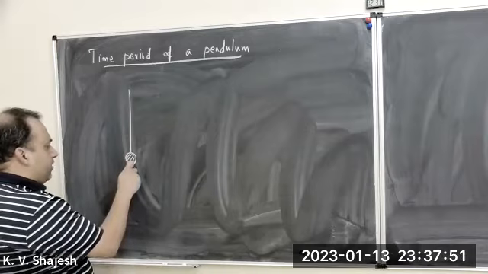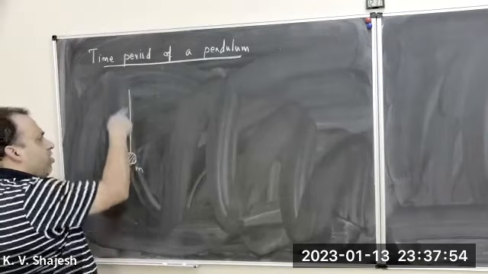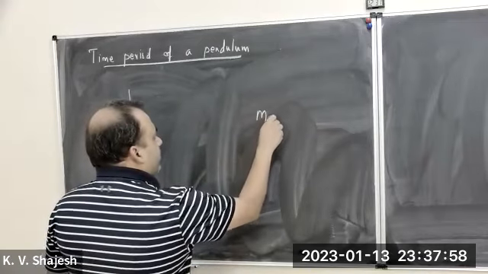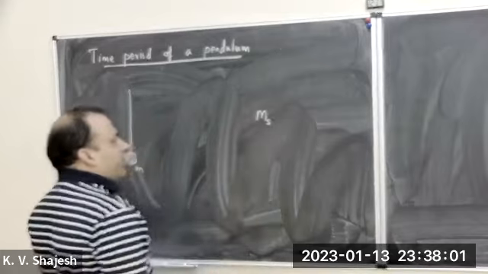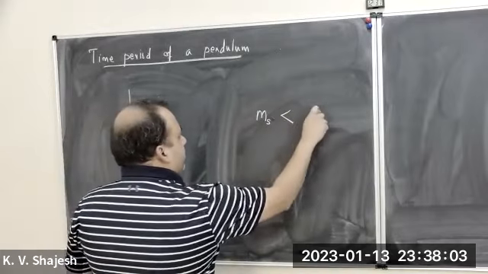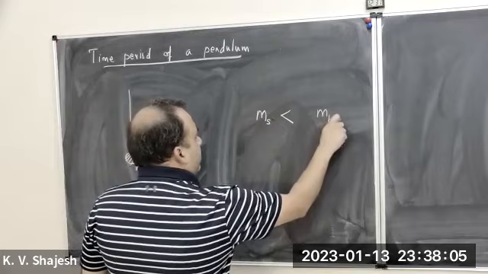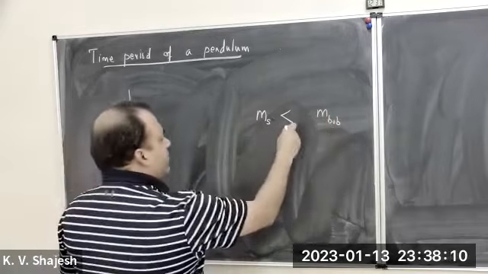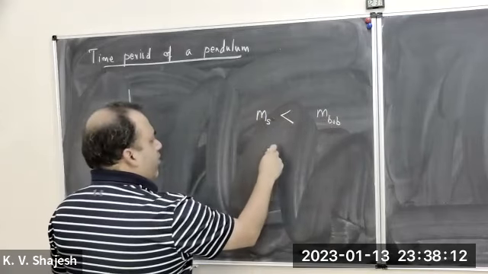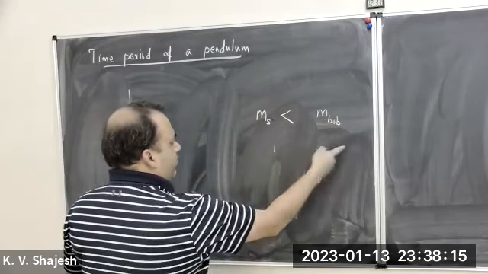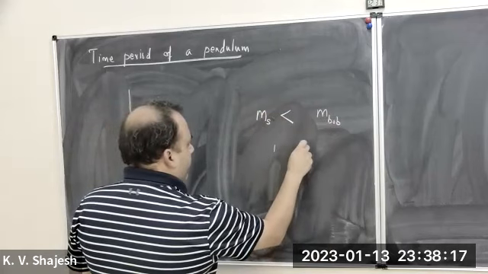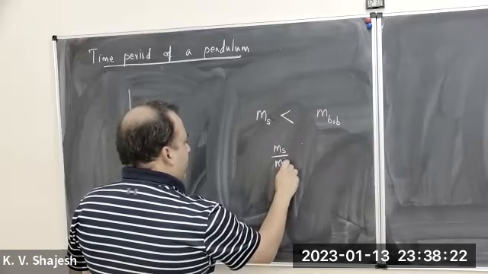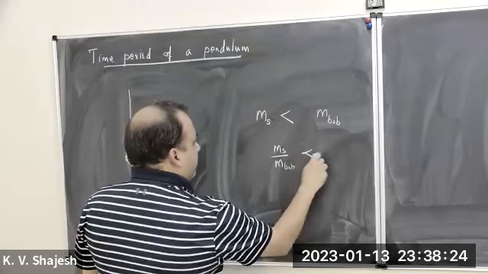So the bulb has a mass m, and the string also will have a mass. The mass of the string, if I use the letter S, should be less than the mass of the bulb. And how much less? The ratio of the string mass to the bulb mass should be less than 1.